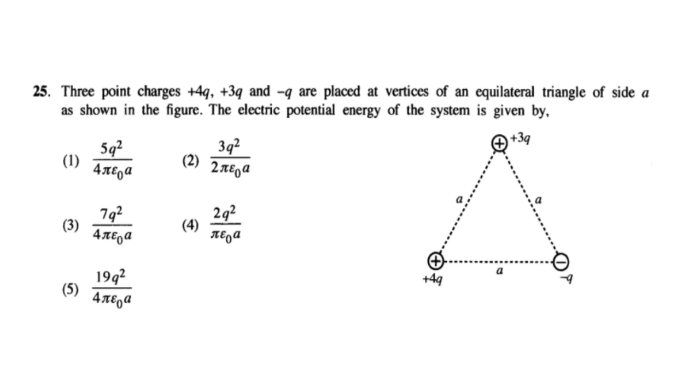What is electric potential energy? Electric potential energy is the energy that is needed to move a charge against an electric field, and that can be calculated by Q1 Q2 over 4 pi epsilon naught r.